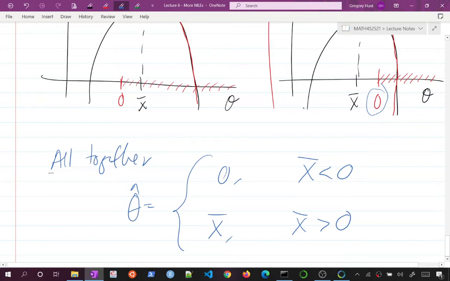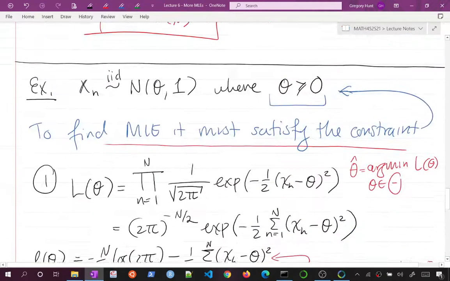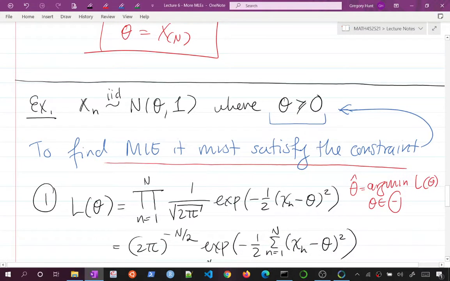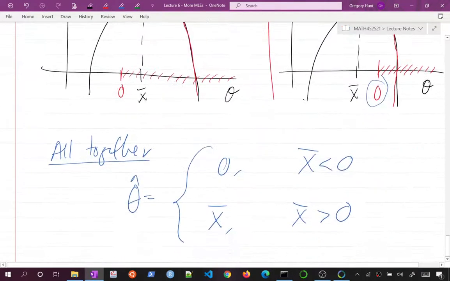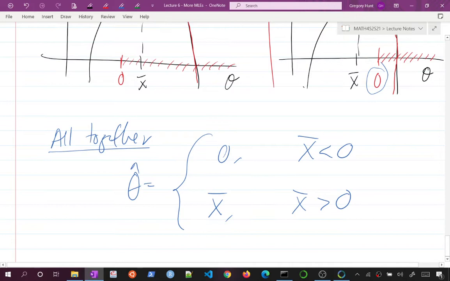But altogether, this is my MLE. And that makes sense, right? My data came originally from this normal distribution. And if I assume the data comes from some normal distribution with some mean theta, and this mean theta has to be a positive number, say the good Lord has told me that theta is positive, then if I observe some data, I can calculate the mean.